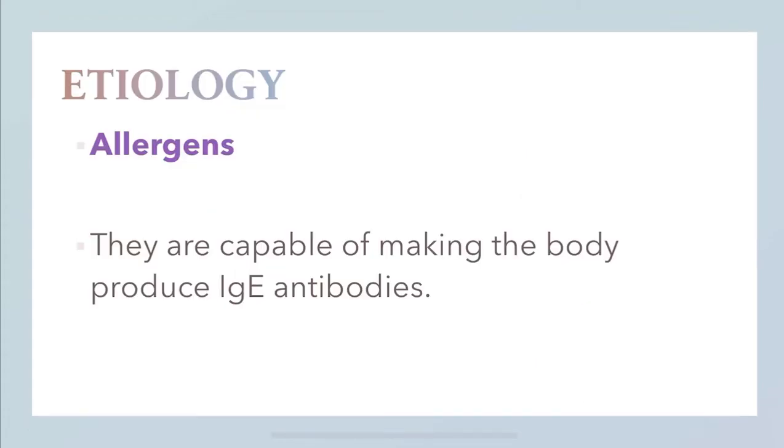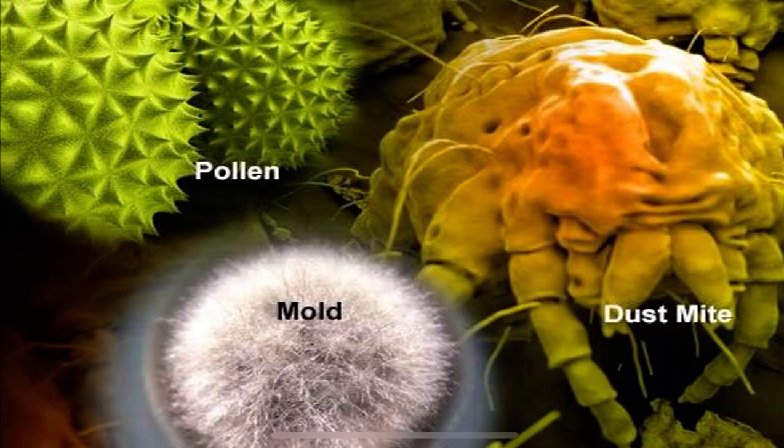Now let us move on to the next part, that is the causes of allergic rhinitis. The allergens are capable of making the body produce IgE antibody. Like how we read in the pathophysiology, these allergens will enter the immune system and make the body produce IgE antibodies.